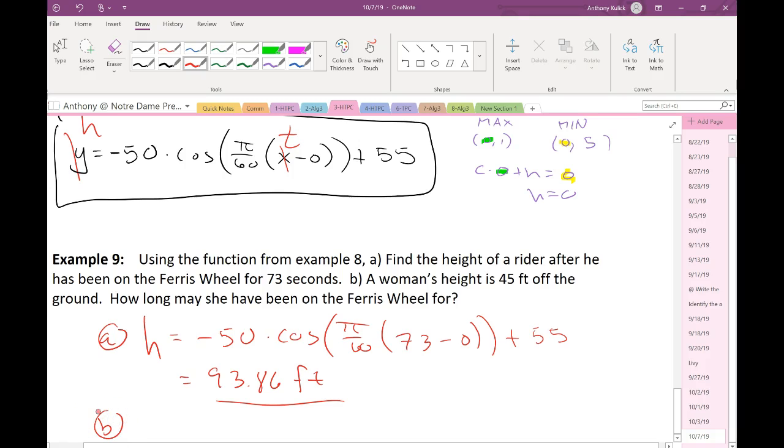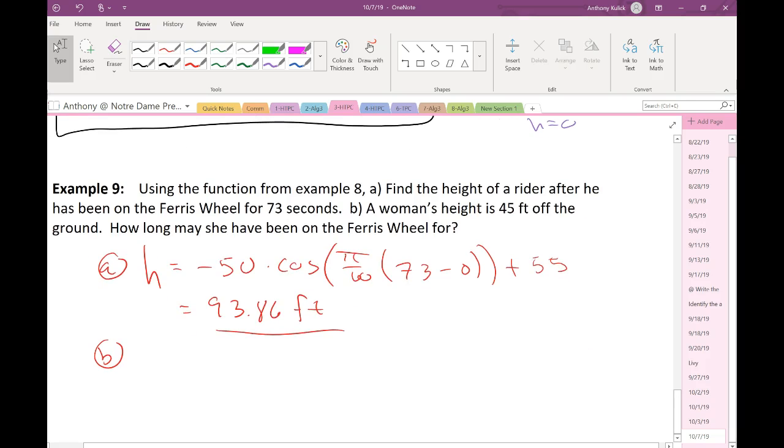Part B says a woman's height is 45 feet off the ground. How long may she have been on the Ferris wheel for? I'm going to plug 45 in as a height, so I'm going to plug that in for h, and then we're going to solve for t.